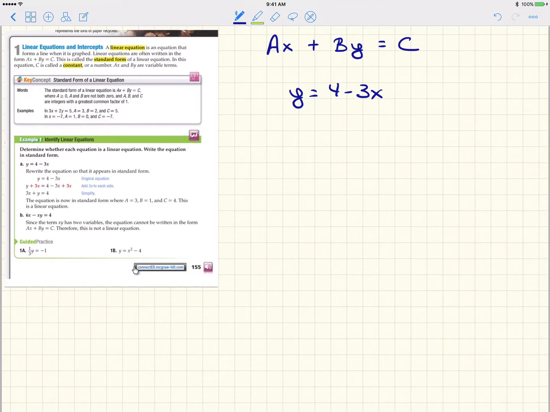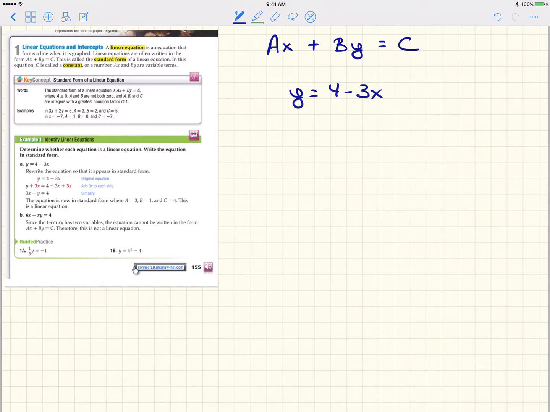We can start picking x values, figure out y's, plot every point, and then draw the graph and see if this equation actually gives us a line. Or we can try to write the equation in standard form: a times x plus b times y equals c. If we can do that, then we have a linear equation.